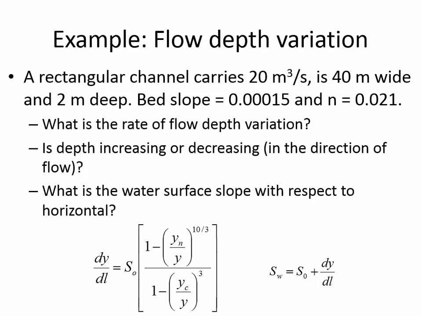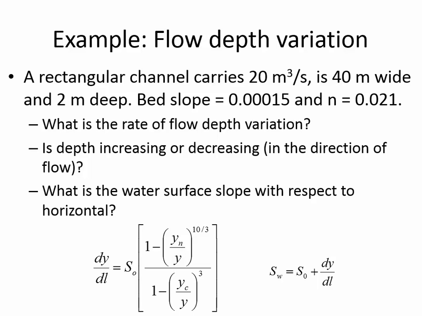Before now, it's always been assumed that S naught is downhill, and so that assumption was already built into the equation. But here, since dy dl could be positive or it could be negative, we have to be explicit about what the sign of S naught is, because dy dl could go either way. So now we have to say, well, no, S naught is a negative number.